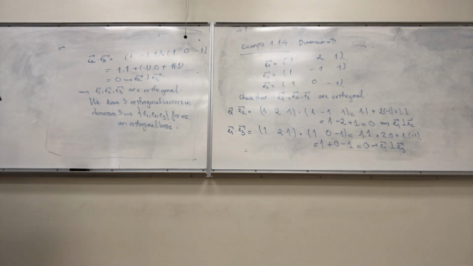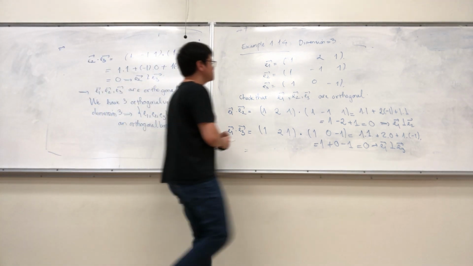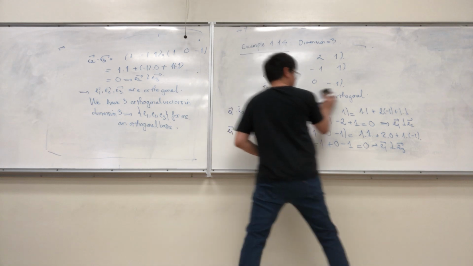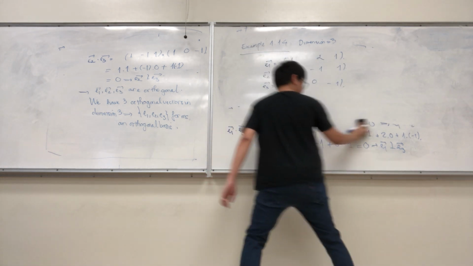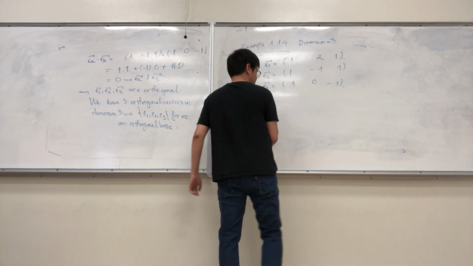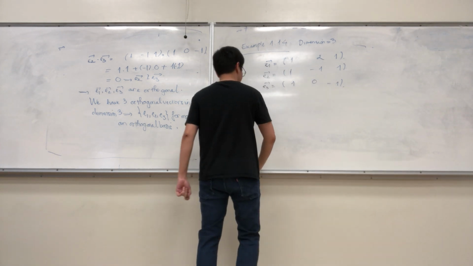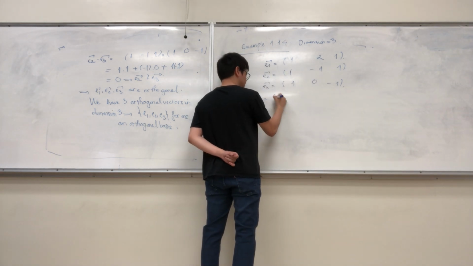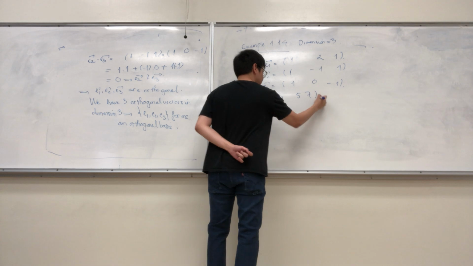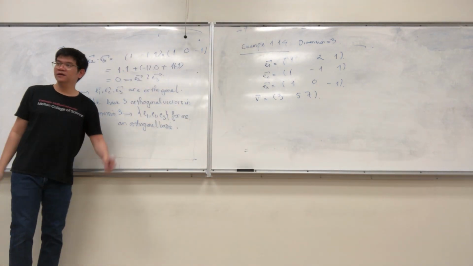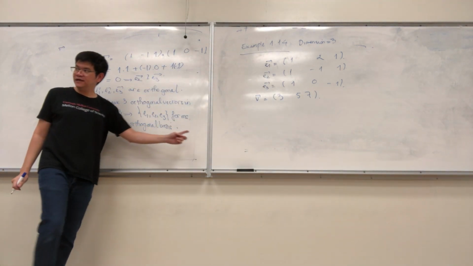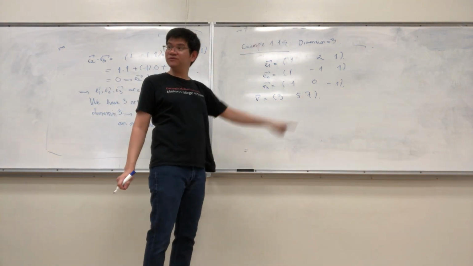Now, the next step is that I have this vector V, which is (3, 5, 7). All right? So I have to express V in terms of E1, E2, E3.